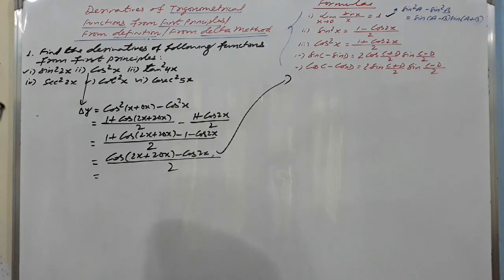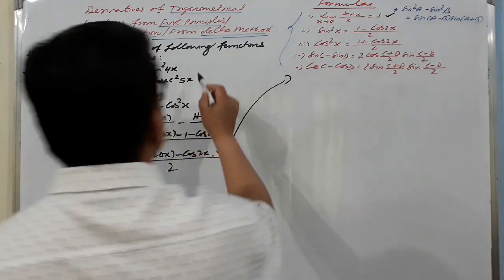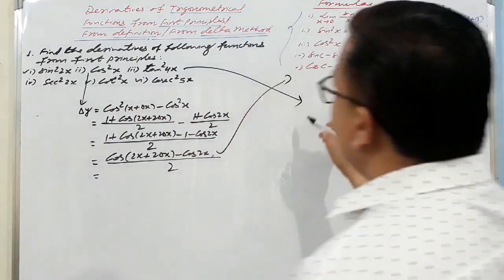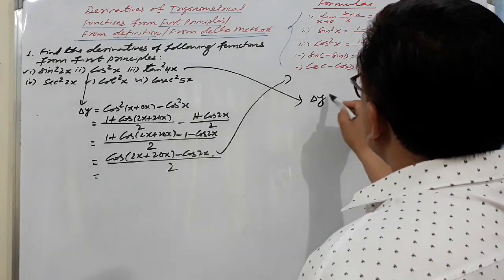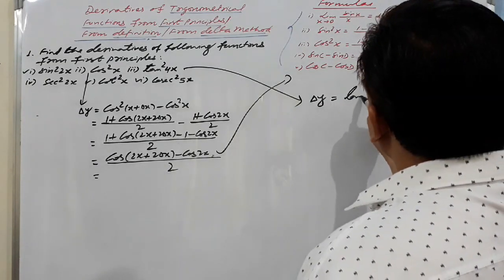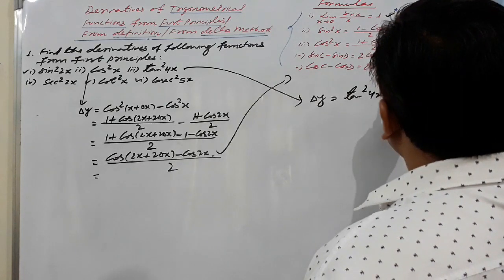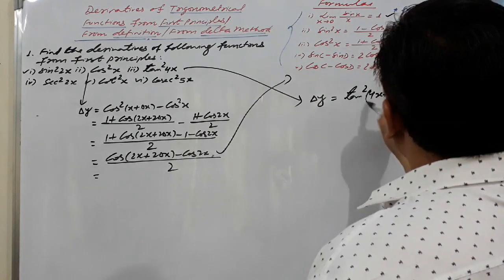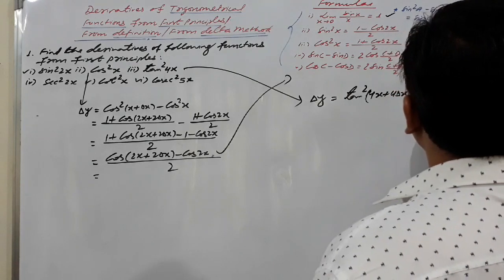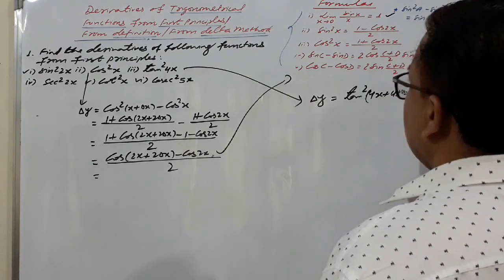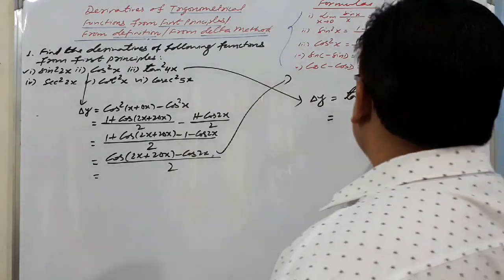Now you have to use this formula to simplify after this. In case of tan square, what do we have to do? Up to this line you can do very easily. Delta y is equal to tan square of (4x plus 4 delta x) minus tan square 4x.